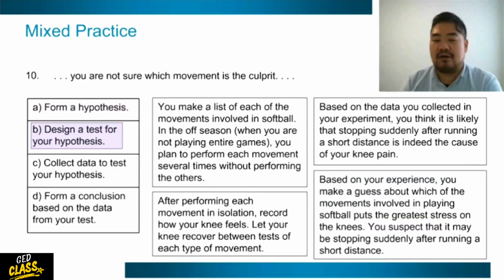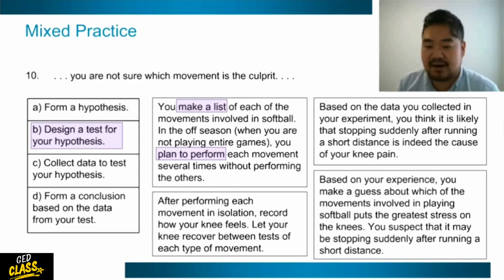Now we want to look at the statement that's indicating how the test is being designed. How are we designing this test? Well, we see here a couple of keywords: making a list, planning to perform each movement several times. There's our test, so that's going to be our statement to match that. Then let's take a look at the next one. Which of those statements is collecting data to test the hypothesis?